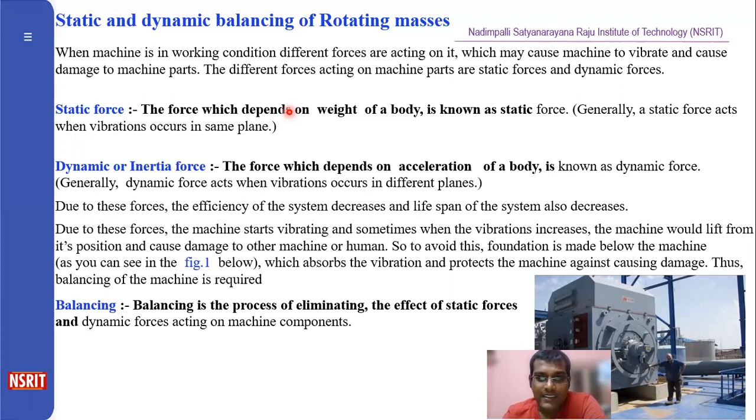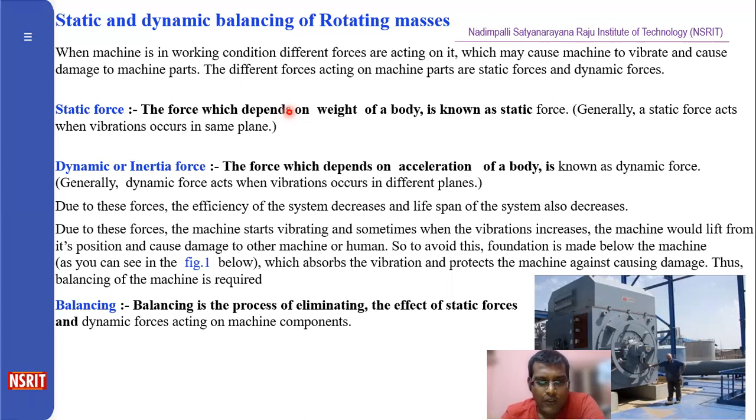Generally, static force acts when vibrations occur in the same plane. Similarly, dynamic or inertia force is the force which depends on the acceleration of a body. Generally, dynamic force acts when vibrations occur in different planes.